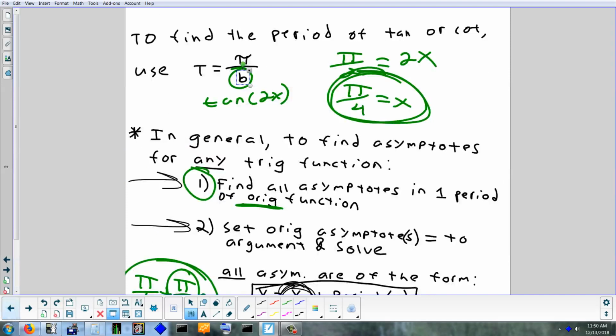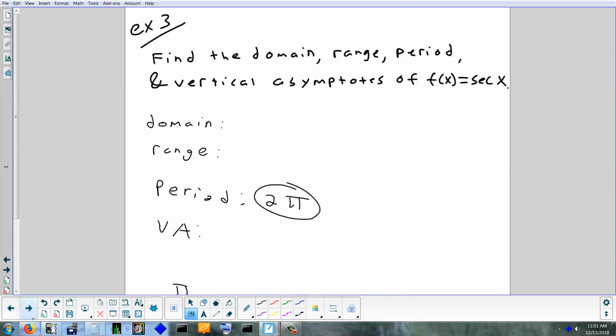set the original asymptotes equal to the argument and solve. All right, let's look at the argument. What's the argument in this problem? Secant of x. So there's no multiplication here. Secant of x is the whole function, and what's the argument of it?